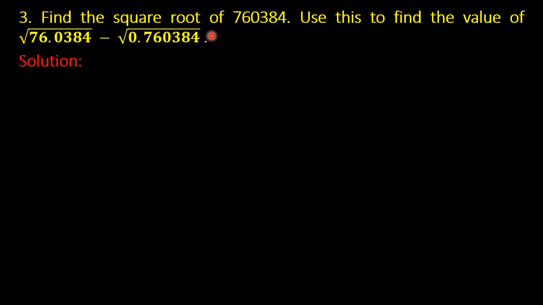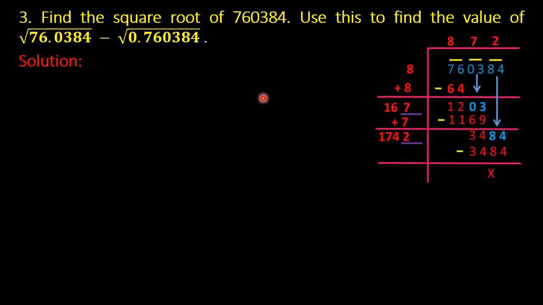Now to find the square root of 7,60,384, we follow the long division method, and in this case I am not going into details. I have calculated the square root using the long division method, and I have got the square root of this number, which is 872.